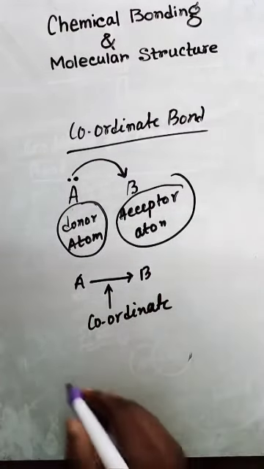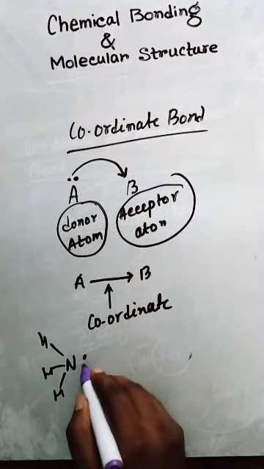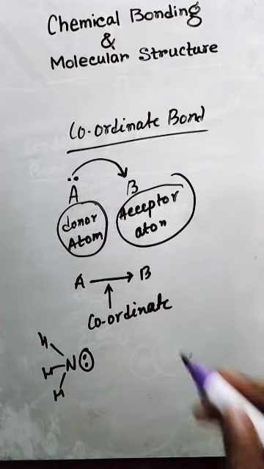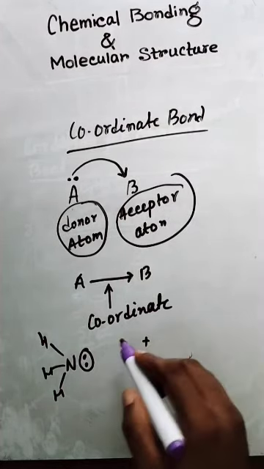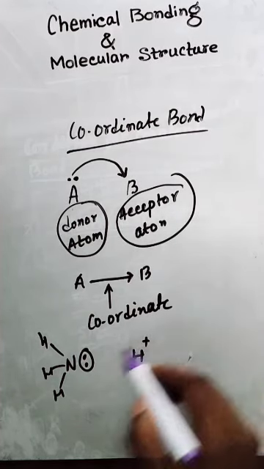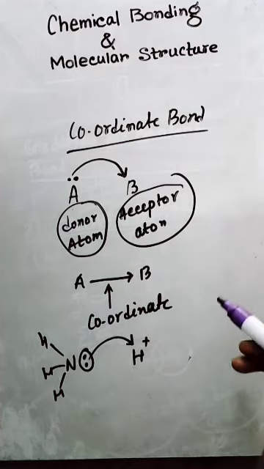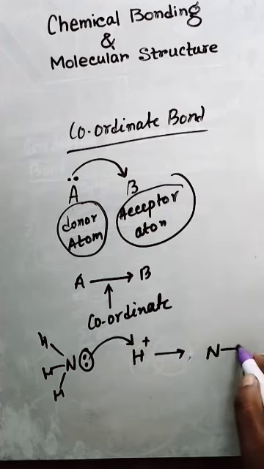For example, ammonia. This is the ammonia molecule, and in ammonia there is one lone pair of electrons, and if you notice, when an H plus ion reacts with ammonia, this lone pair of electrons is donated to the H plus ion and it produces the ammonium ion like this.